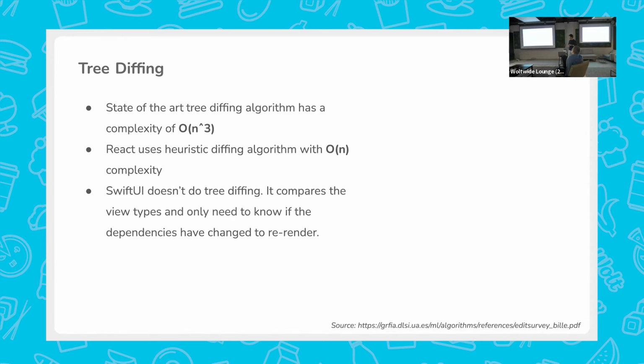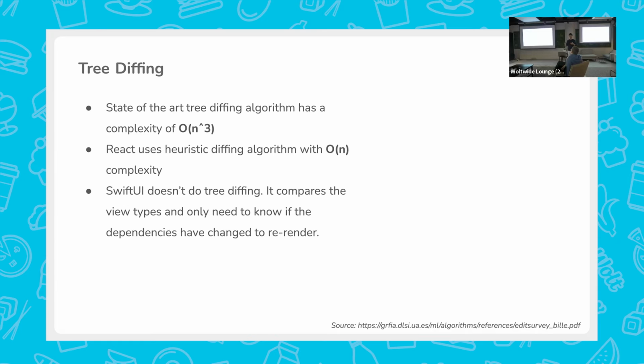But then I learned that the state-of-the-art tree diffing algorithm has cubic time complexity. So if you have 10 elements in a view tree, it will take 1,000 operations. If you have 100 elements in a view tree, it will take 1,000,000 operations. And I learned that React works around this by employing a heuristic diffing algorithm that cuts down the time to linear time.